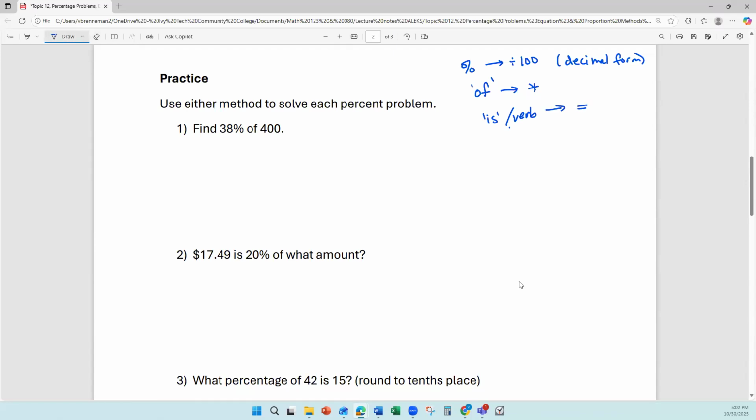Here, we don't really need to worry about the equals. We have 38%, 38 over 100, or 0.38. Of becomes times 400. So there's not anything to be solved, really. It's just a calculation to do. So 0.38 times 400 is 152.